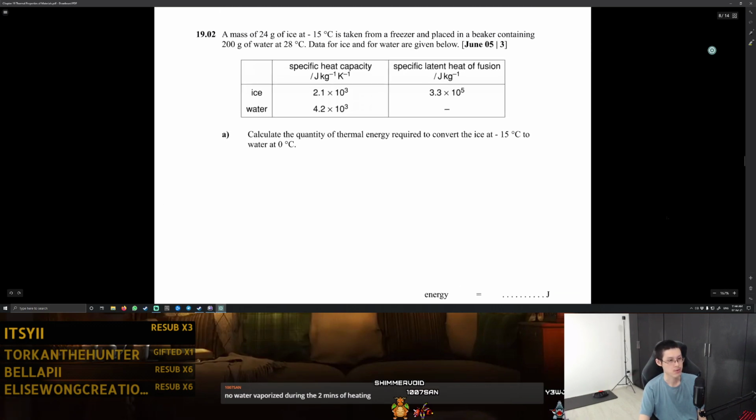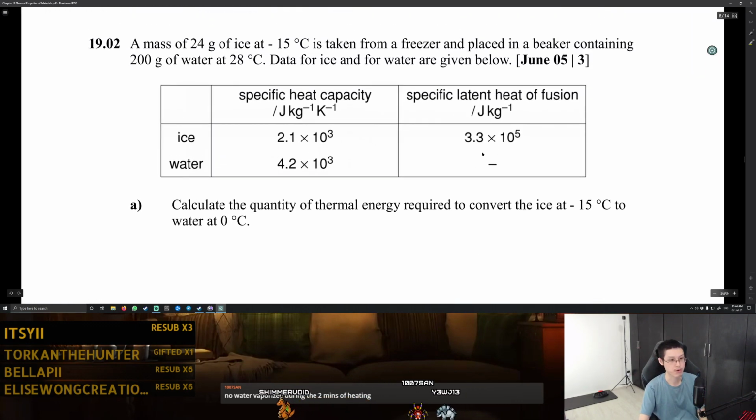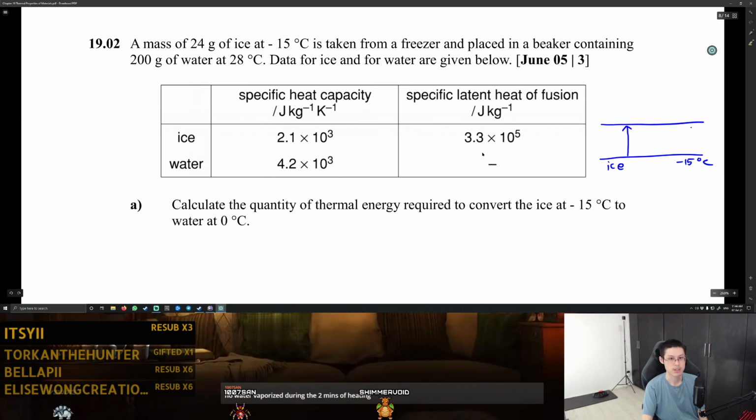So the way I like to solve questions like this is by drawing a little flow chart. So you start with ice at negative 15 degrees Celsius, and you want to change that to water, right? In order to change to water, you have to increase the temperature of the ice until it reaches 0 degrees Celsius, but it's still ice.